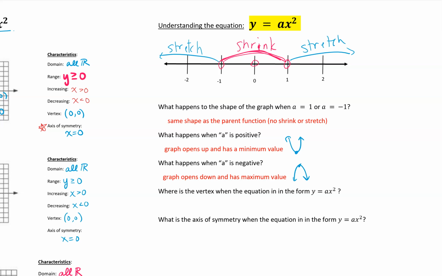Now, where is the vertex in the equation? In the form y equals ax squared, that's when our vertex is going to be at 0, 0. These are going to be the easiest ones for us to graph because it's always going to be right at 0, 0.